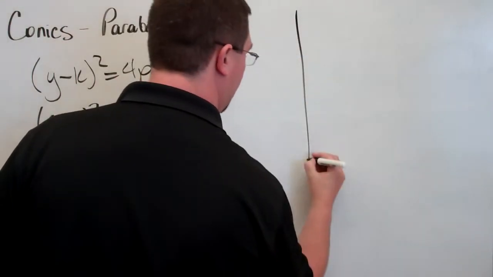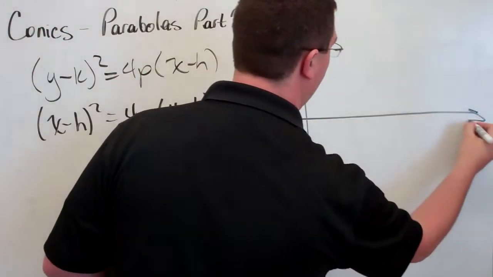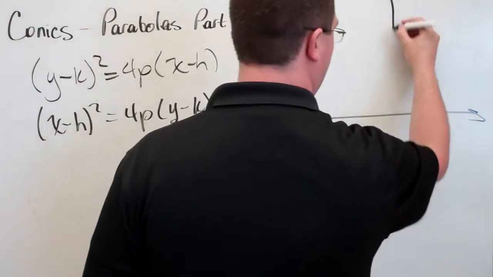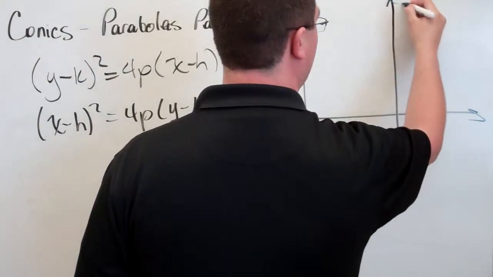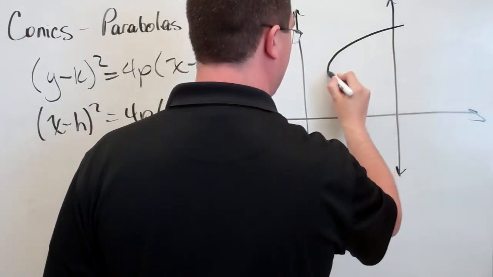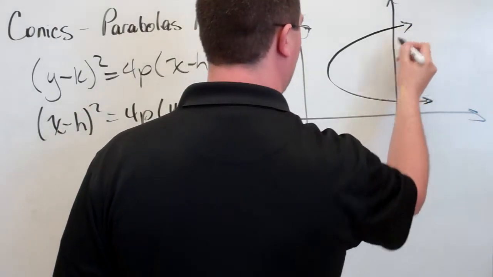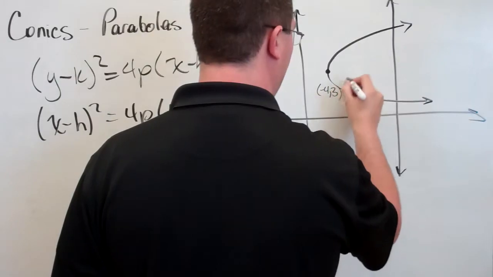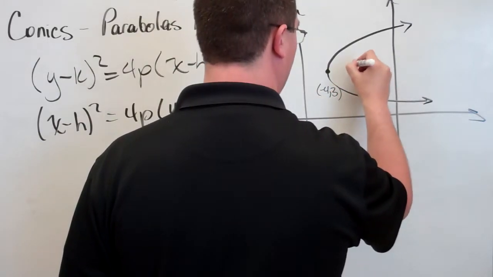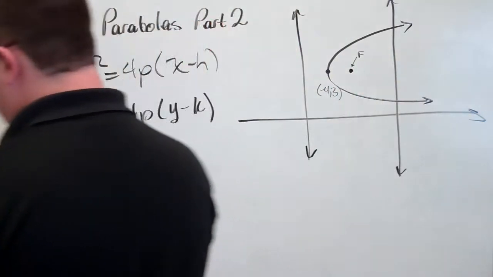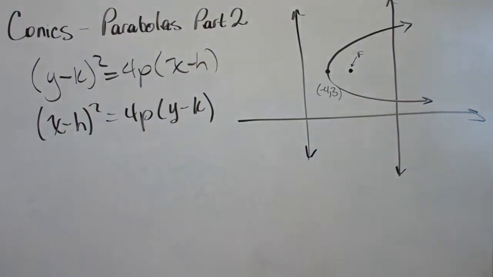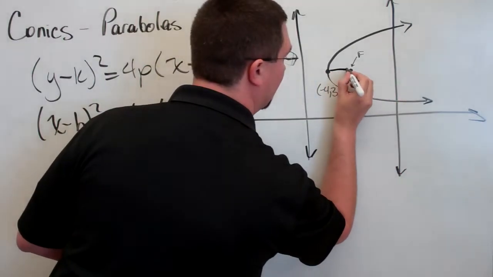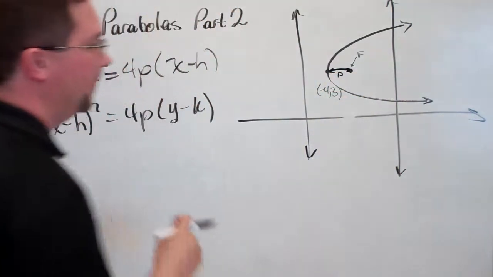So, to put this parabola back up here, with our center point here, which was (-4, 3), and now remember our focus point is out here somewhere. Now, this distance here is p.